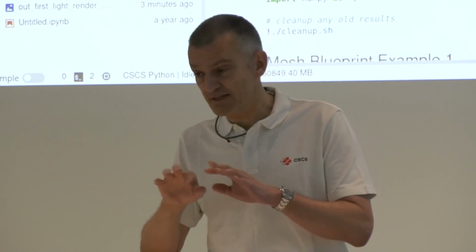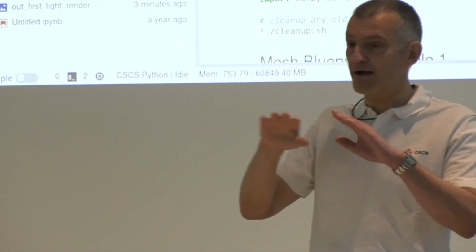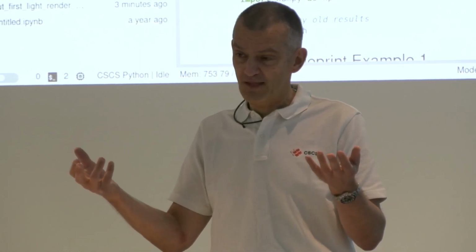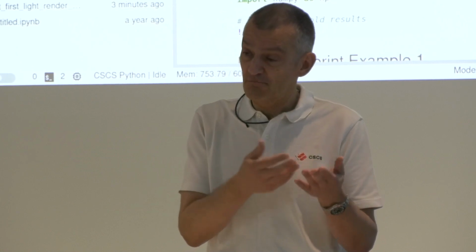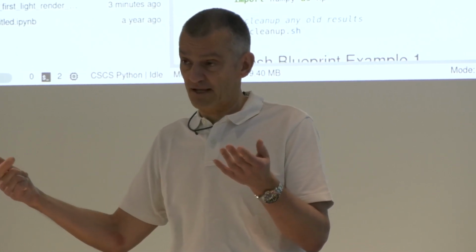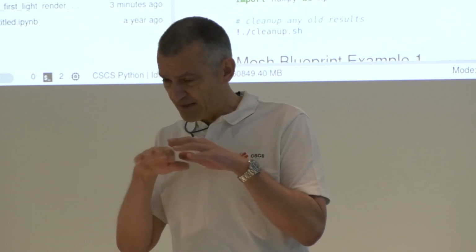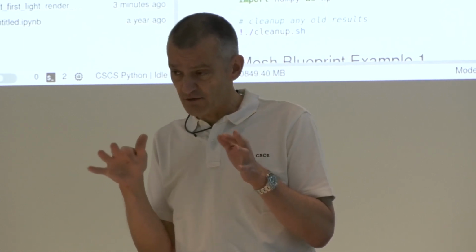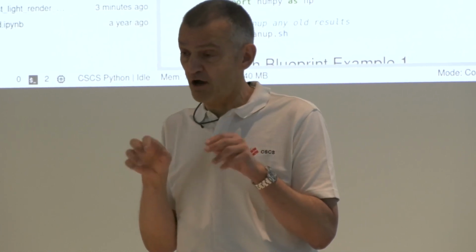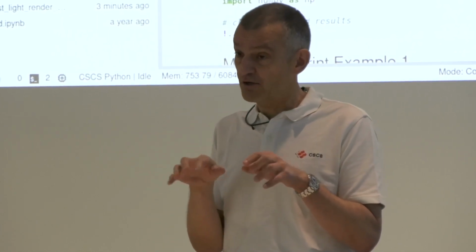So VTK-m is an umbrella above the possibility to execute your code with CUDA, with TBB, with other acceleration techniques. VTK-m is hidden. We don't have to actually program with VTK-m, but the algorithms of Ascent are actually implemented with VTK-m.